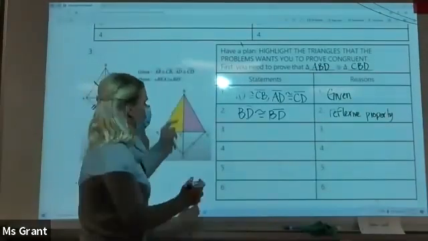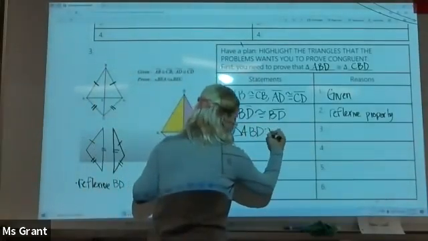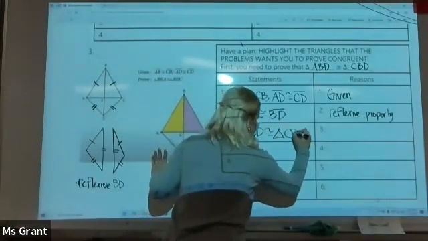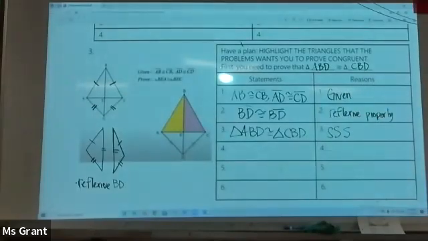First, you need to prove that triangle ABD, here it is, by side, side, side.